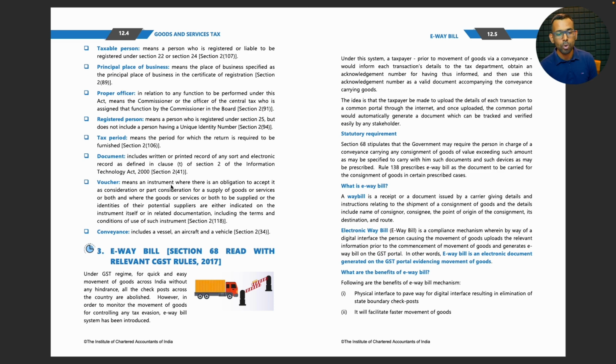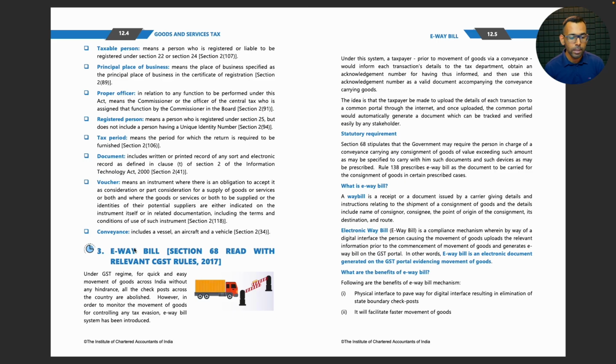Voucher means an instrument where there is an obligation to accept it as consideration or part consideration for a supply of goods or services or both, and where the goods or services or both to be supplied or the identities of their potential suppliers are either indicated on the instrument itself or in related documentation, including the terms and conditions of use of such instruments. Generally, I think it is invoice or bill of supply, those things I think they are mentioning here. Conveyance includes a vessel, an aircraft, and a vehicle, section 2, clause 34. So we have covered the definitions part.